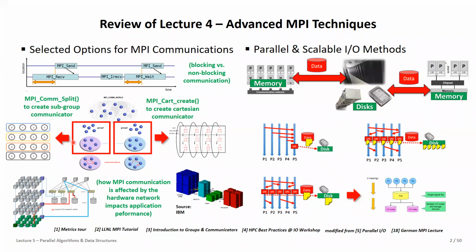One was a very trivial one, where we just want to split a certain group into different subgroups, doing this with the MPI split command. And then we realized one important aspect of all this: the ranks in these MPI communicators are about to change as soon as you have a new communicator.